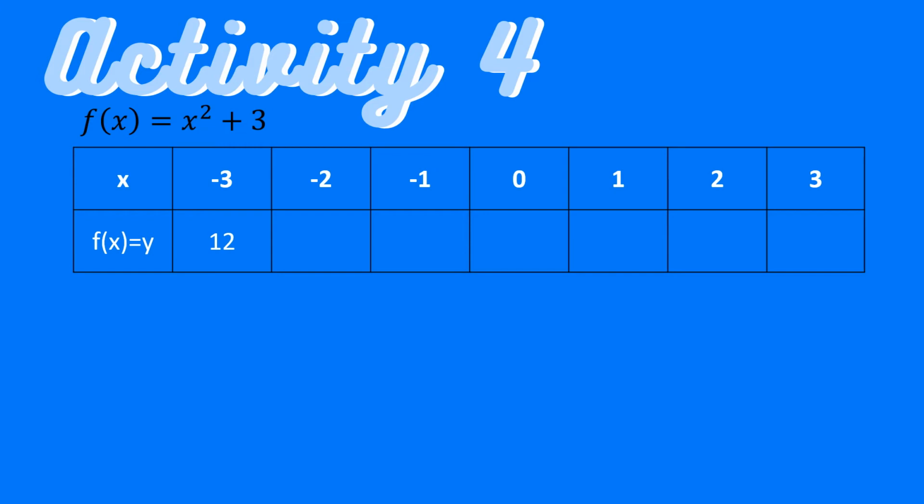So you have 12 for the first one, 7 for the second one, 4 for the next, and we have 3, 4, 7, and lastly, we have 12.